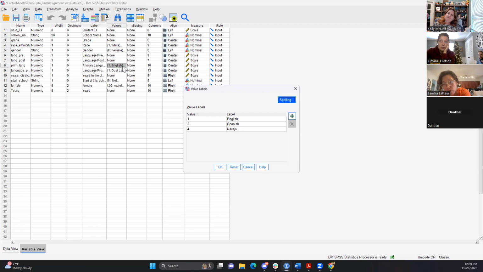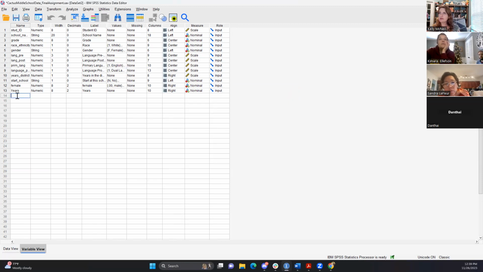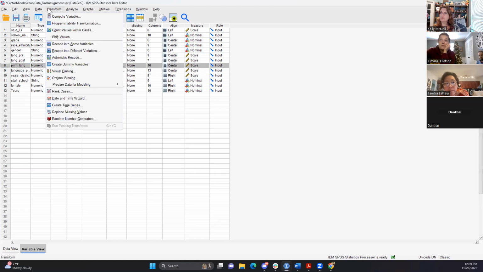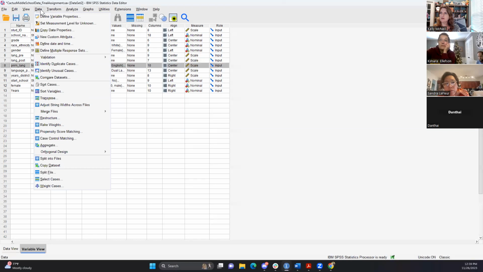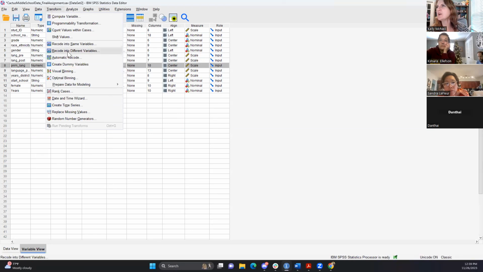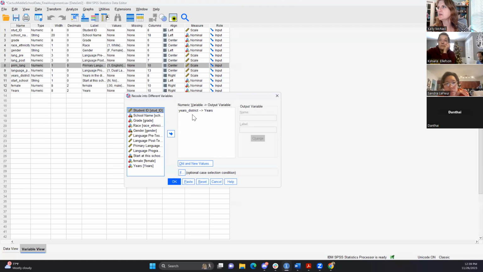But you could recode 2 and 4 to equal 2. Exactly. So if we create, wait a minute, which one was that again? That was primary language. So we want to do data, transform, recode into different variables. We're going to do primary language into Language.